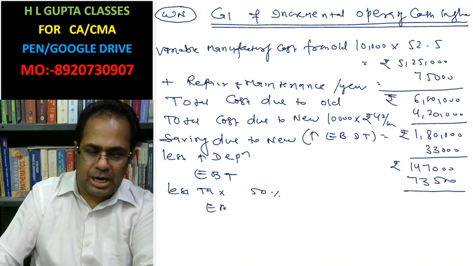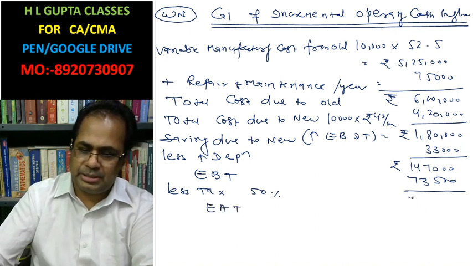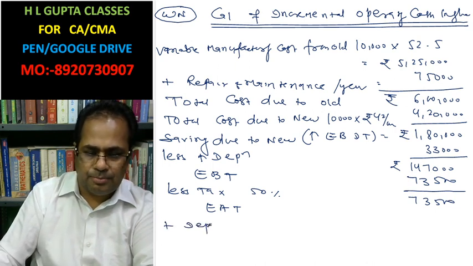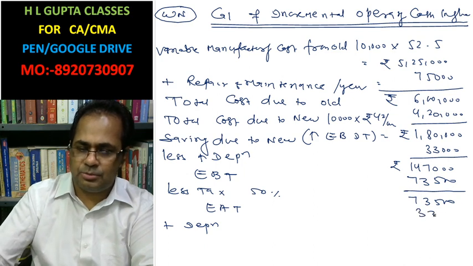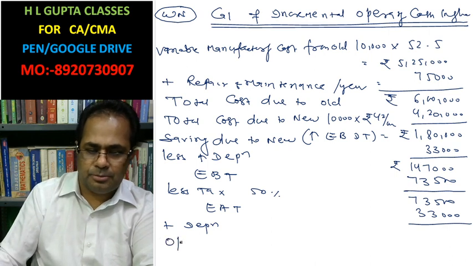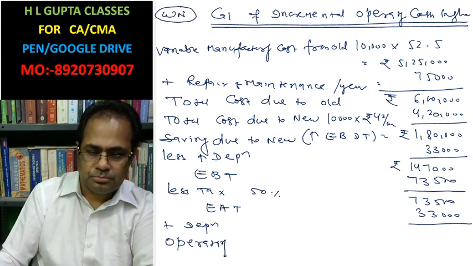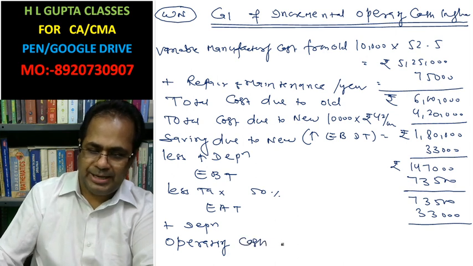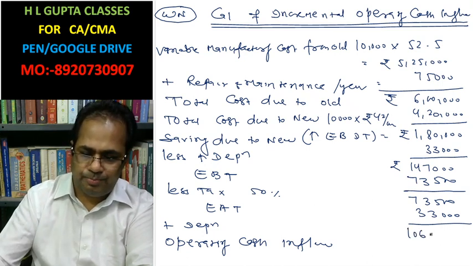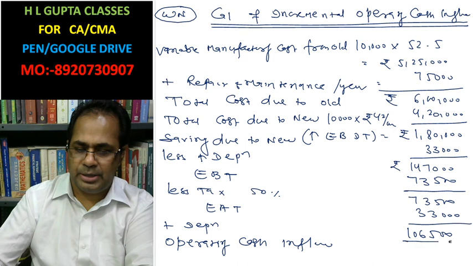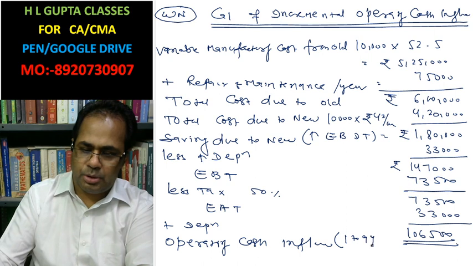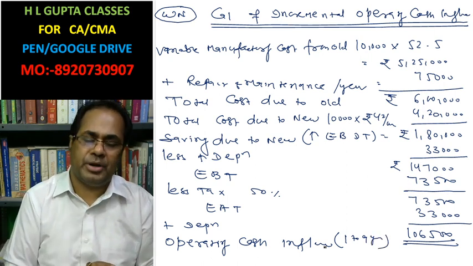This is earning after tax, 73,500. Add depreciation 33,000. Operating cash inflow is 1,06,500, for years 1 to 9.